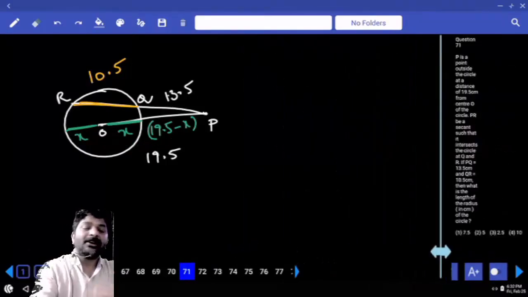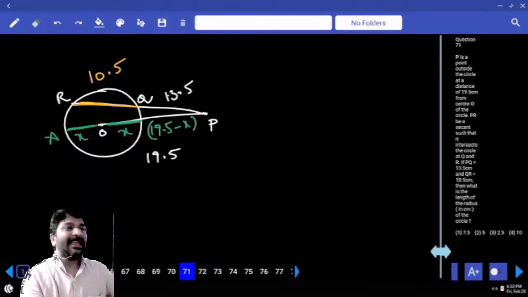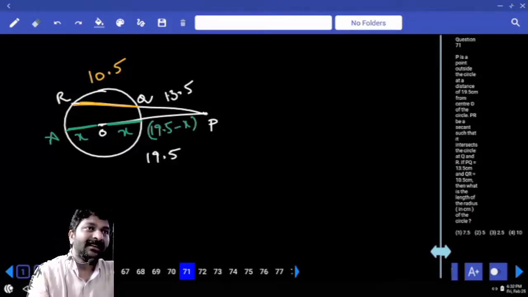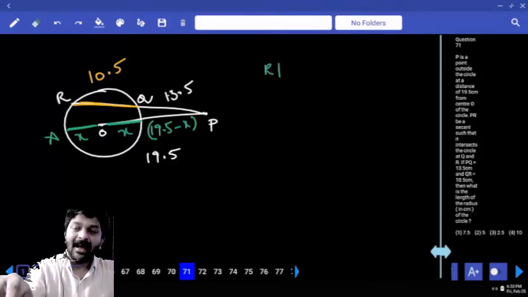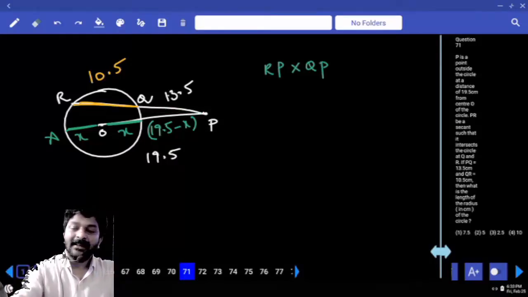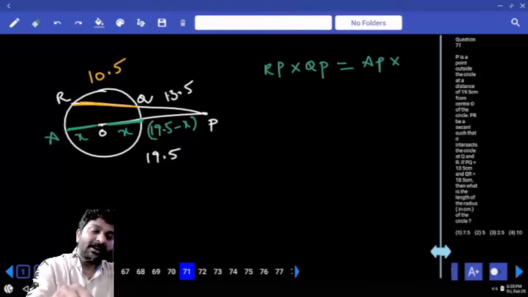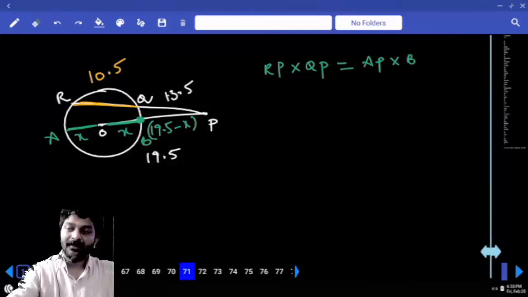So now these are two tangents. We can say RP and AP are two lines meeting outside the circle. Now in such cases, RP into QP, the outer line times the smaller part, must be equal to AP into this point, which I am taking as B, that is BP.